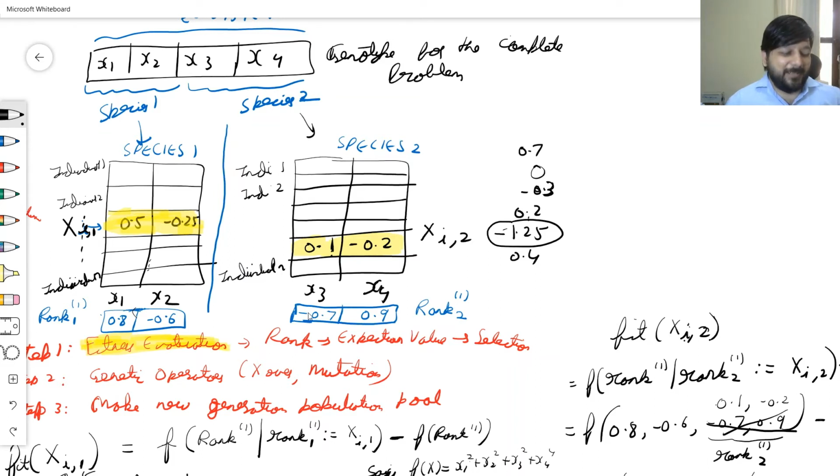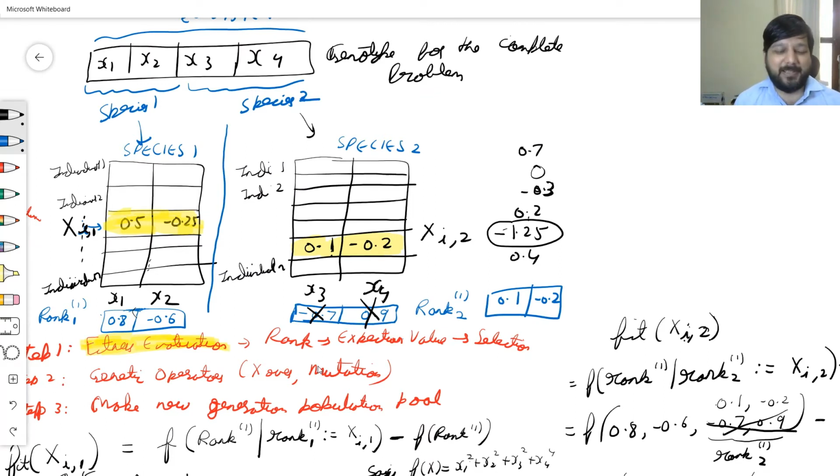So now the representative will change, and similarly I'll apply the genetic operators and the making of a new population pool, which goes as usual without any change per se.